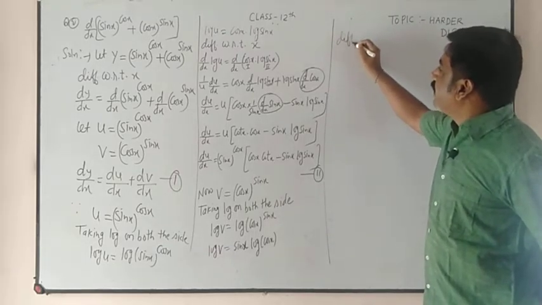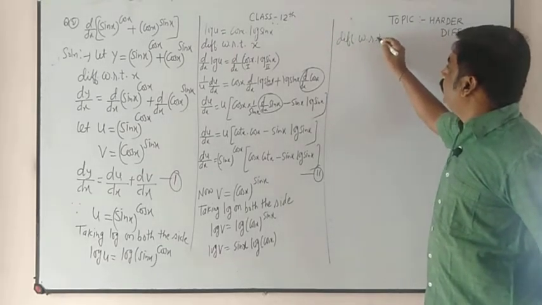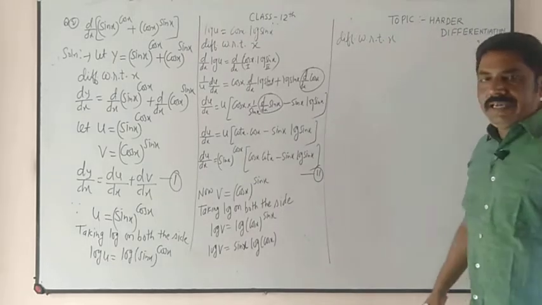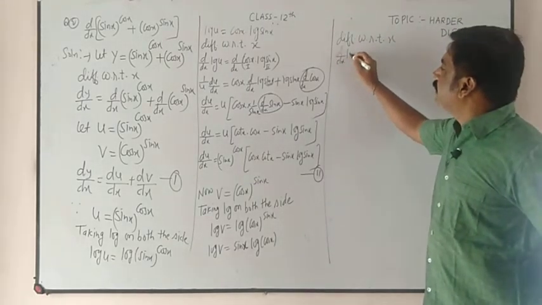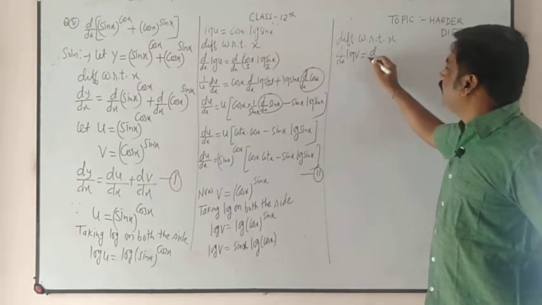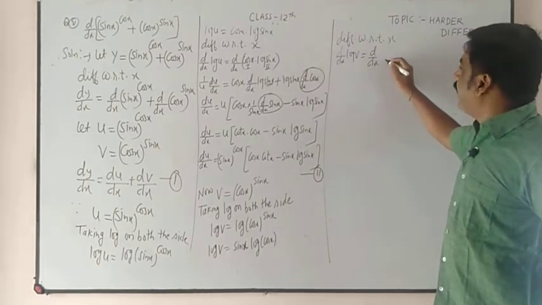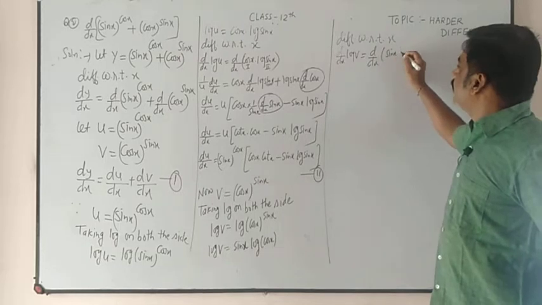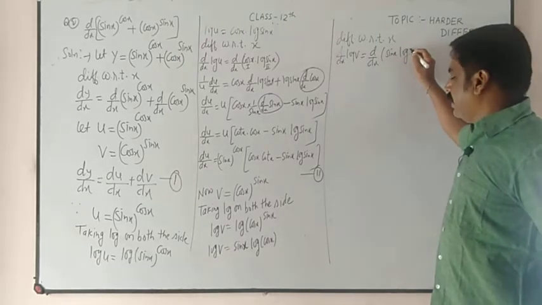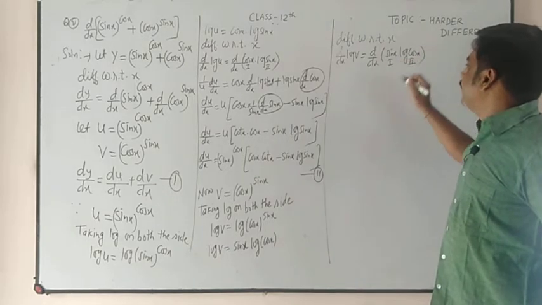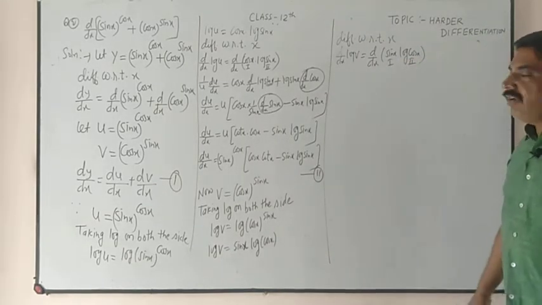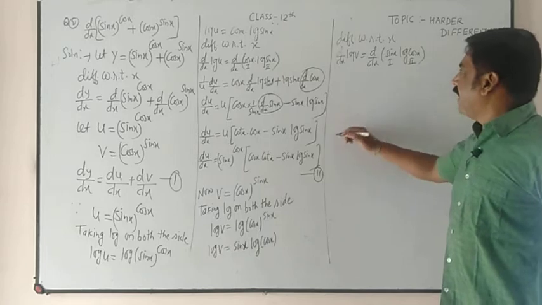So differentiation with respect to x. d by dx of log v is equal to d by dx of sin x log of cos x. Now sin x is the first function, log cos x is the second function.